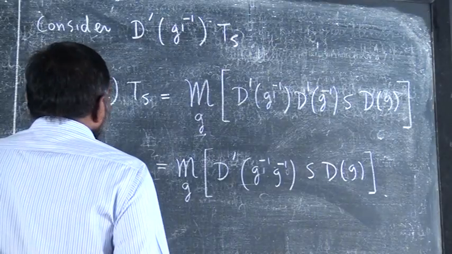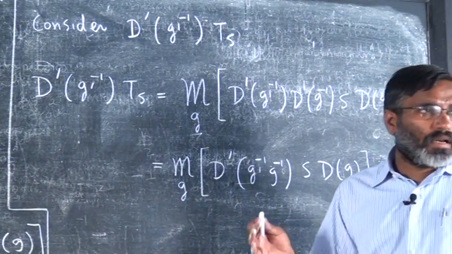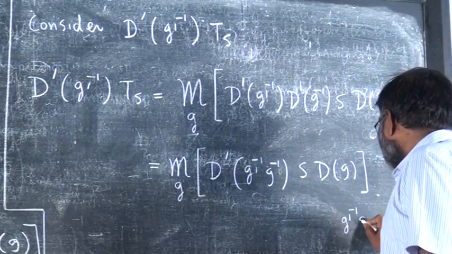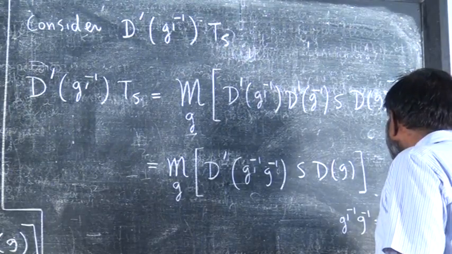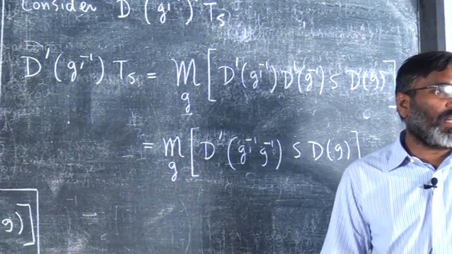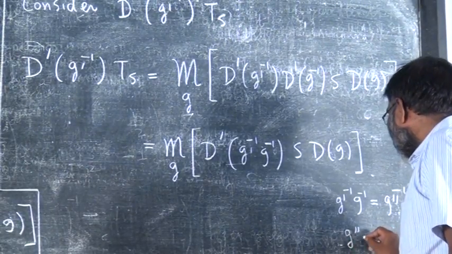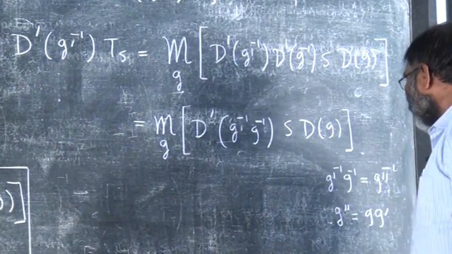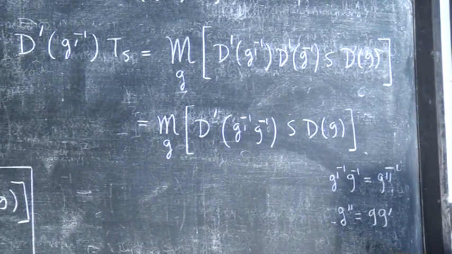Now g prime inverse g inverse is another element in the group, and because closure is there, I can call it some g double prime inverse. What will this g double prime be? It is the inverse of g prime inverse g inverse, that is g g prime, correct?